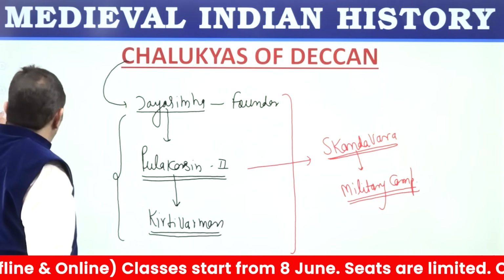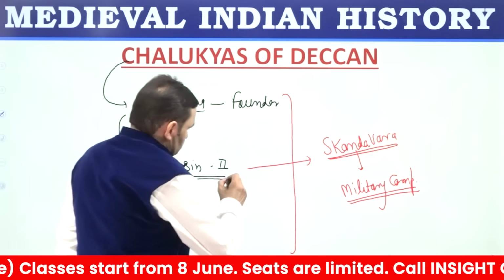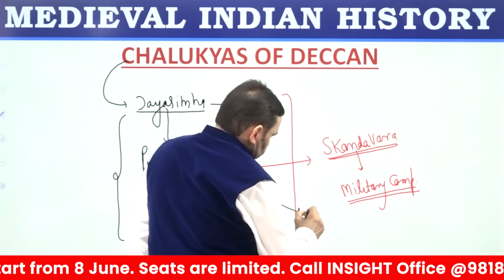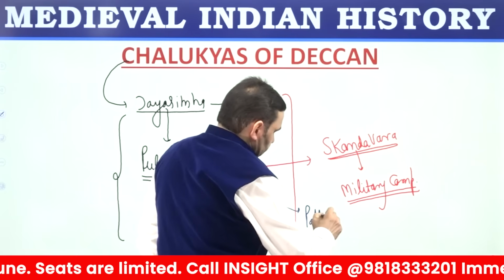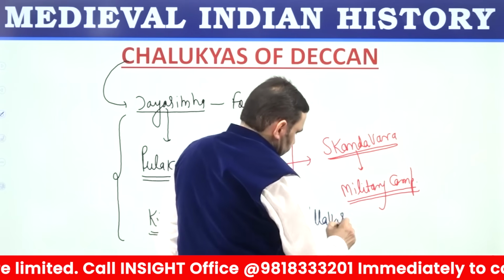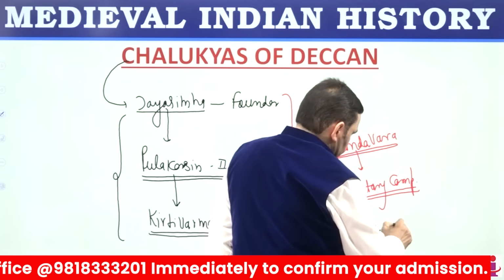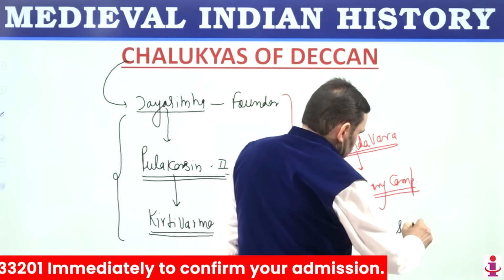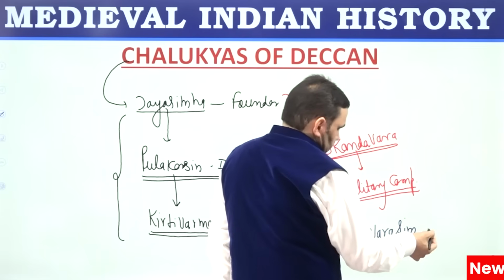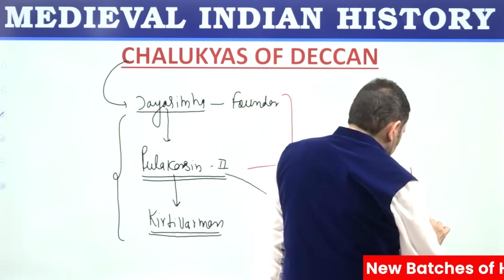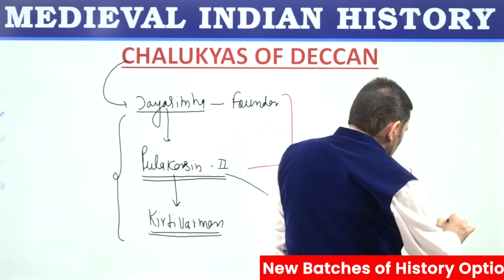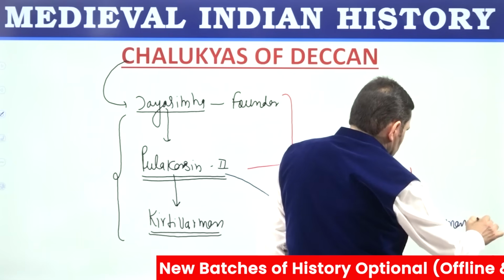Pulkesin II himself was defeated by Pallava king. Again, a repetition of earlier point. Try to recall. Narasimha Varman II. Not second, first. Narasimha Varman first.